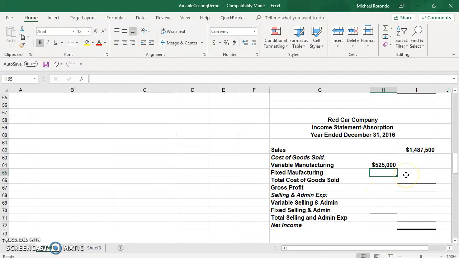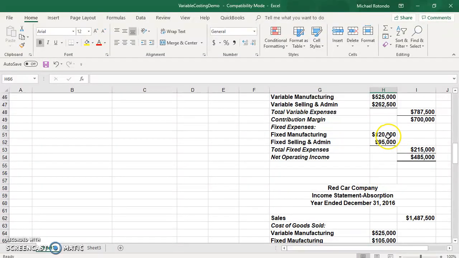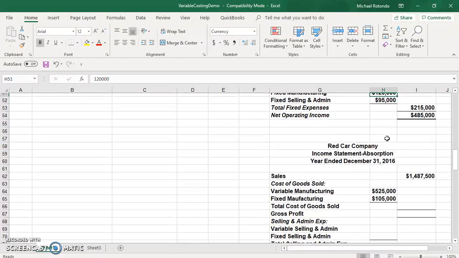Okay. So we're going to have the $120,000 divided by 200,000 units, okay, times the 175,000 sold, right? And that's going to give us $105,000. Okay? And we would expect that to be less because we didn't sell the full 200,000, just like we're assuming up here.